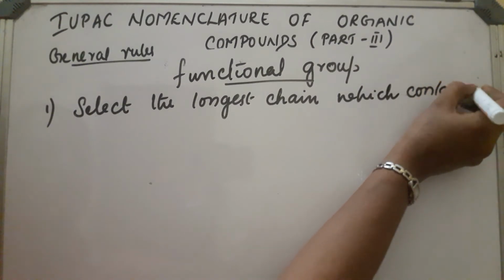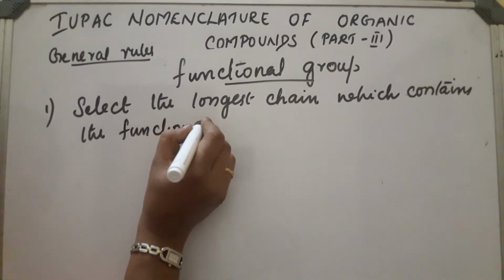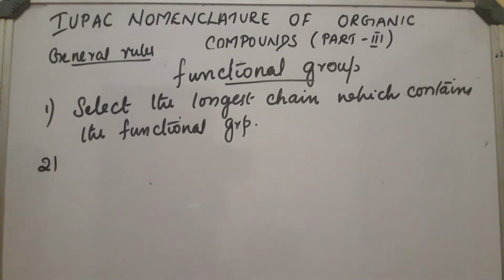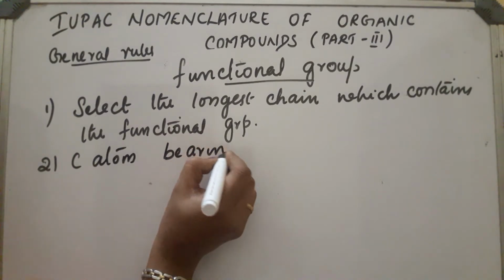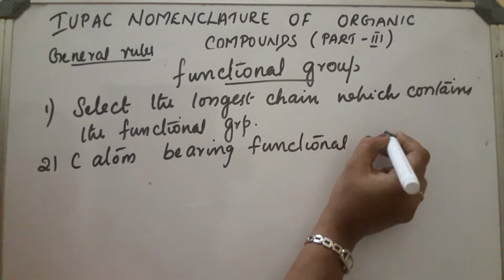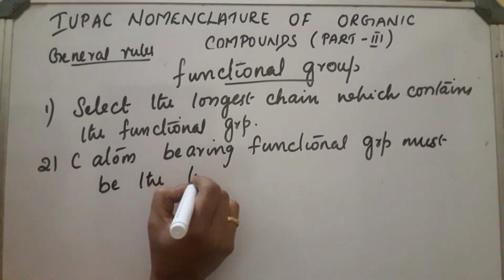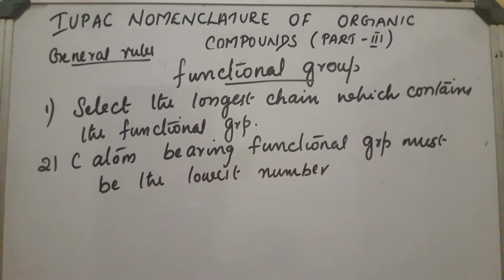Next, the carbon atom bearing the functional group must get the lowest number. This is the second rule.